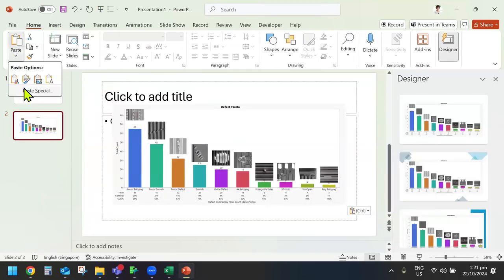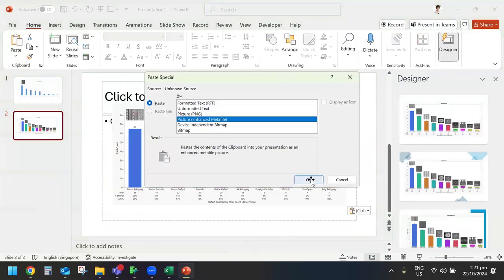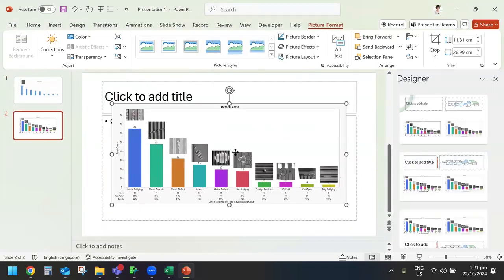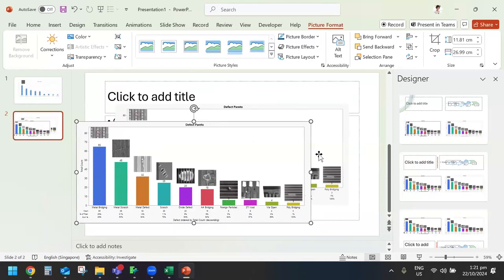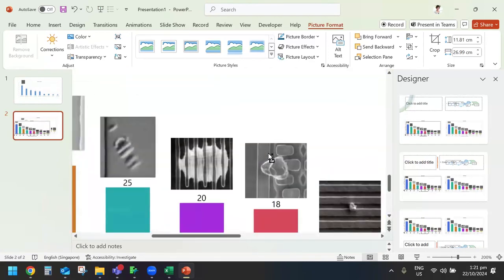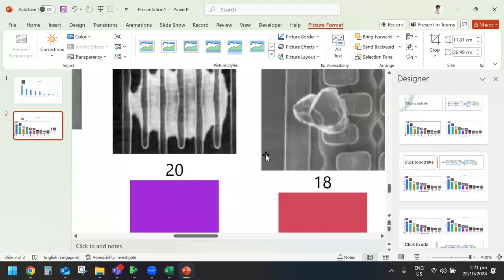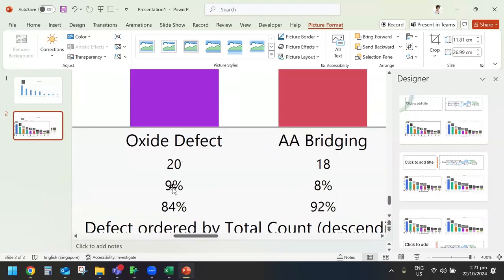You can also paste with enhanced metafile. The beauty of the enhanced metafile is that once you enlarge it in PowerPoint, the data itself is still in high resolution. That's very good when you submit to a symposium or a poster, which requires high resolution pictures and wording.